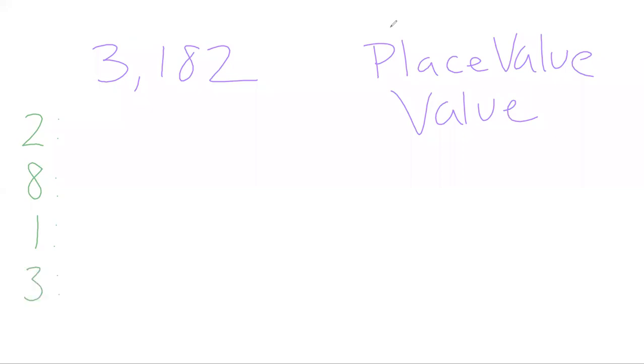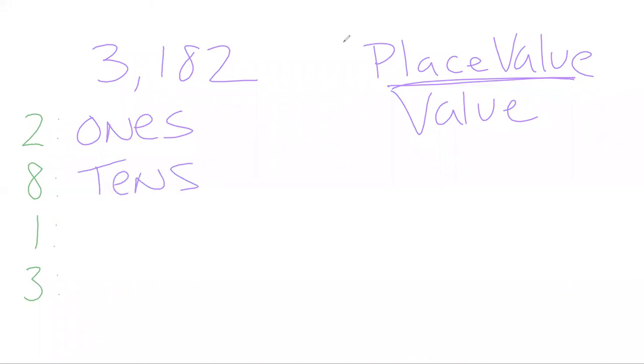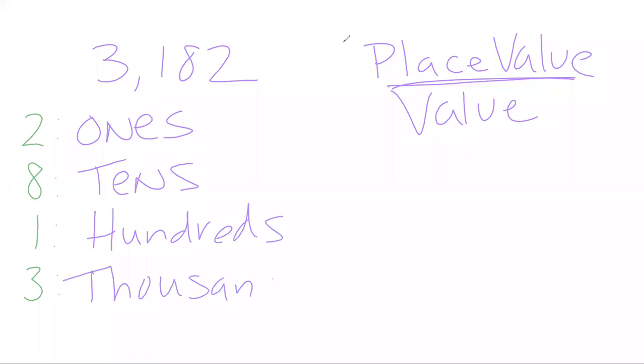For place value, let's keep that purple. If I'm talking about the place value of the 2, it is in the ones place. The place value of the 8 is in the tens place. Place value of the 1 is in the hundreds place. And the place value of the 3 is in the thousands. So those would be the answers to what are the place values.